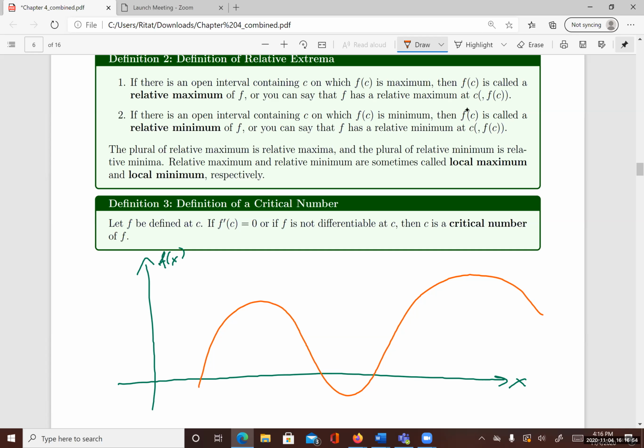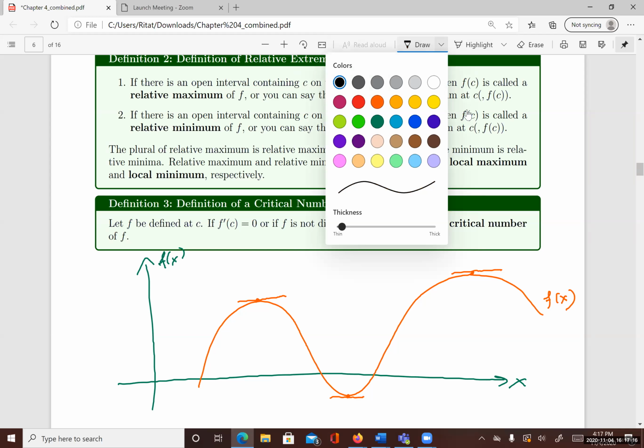So if you look at this function f of x right here, you can see that this point would have a horizontal tangent line. This point also has a horizontal tangent line, and this point also has a horizontal tangent line. These 3 points here are called critical values of the function f of x.